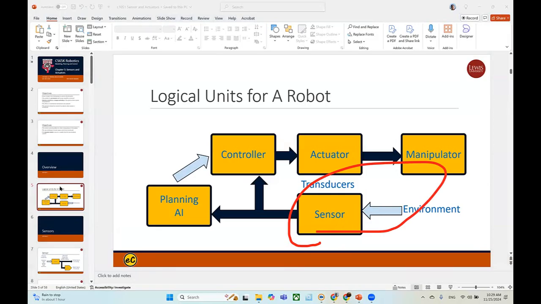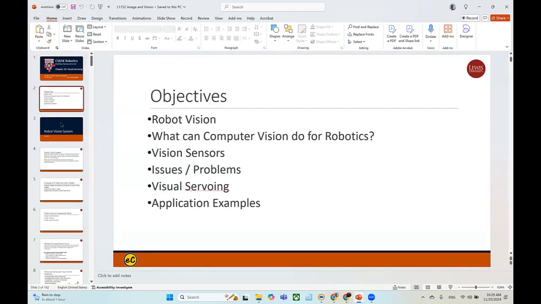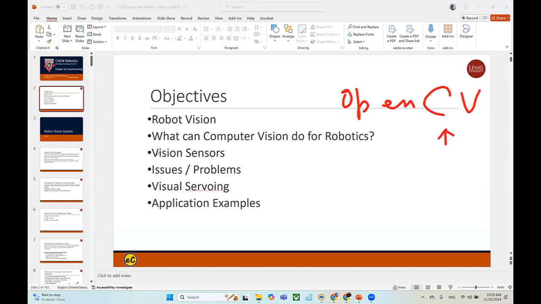If you use a camera, then you need to know about your image vision and the servoing. Servoing is for the actuator for control. So you need to know about robot vision. Here we do have a project on OpenCV, open source computer vision, also in the Python domain.